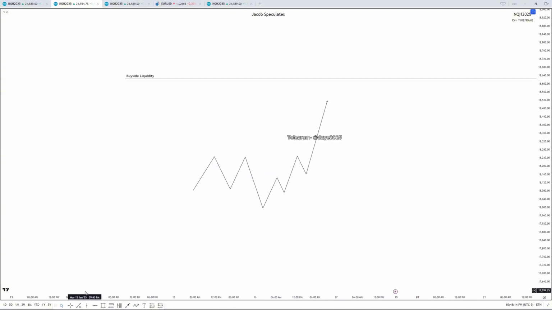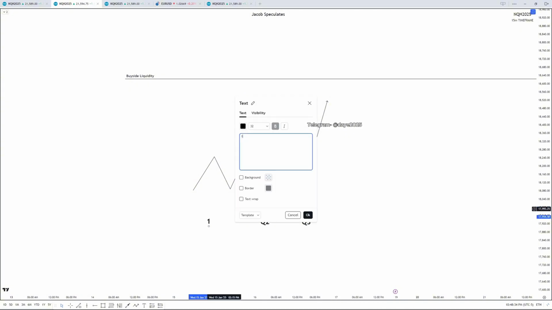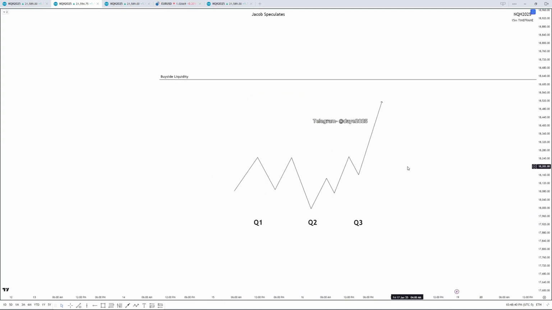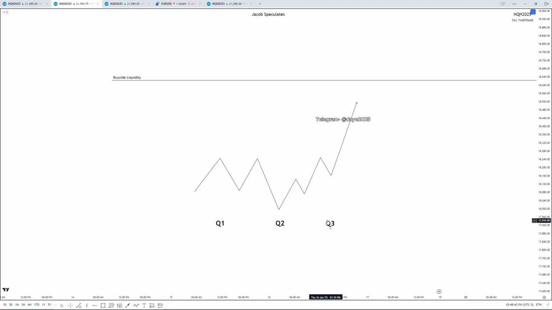So let's say this is the daily cycle right here. Q1 is Asia, Q2 is London, Q3 is New York. Pretty much what you're saying is, how do I know that this manipulation before the run higher is a true manipulation, and how come New York won't run down there one more time before continuing higher?